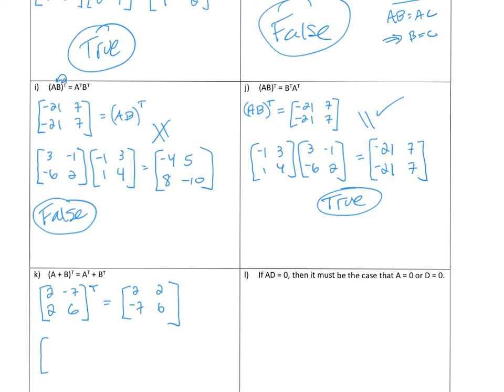Okay, A transpose is this matrix right here. 3, -6, -1, 2, plus B transpose, -1, 1, 3, 4. So that gives me 3 and -1 is 2, 2, -5, 6.